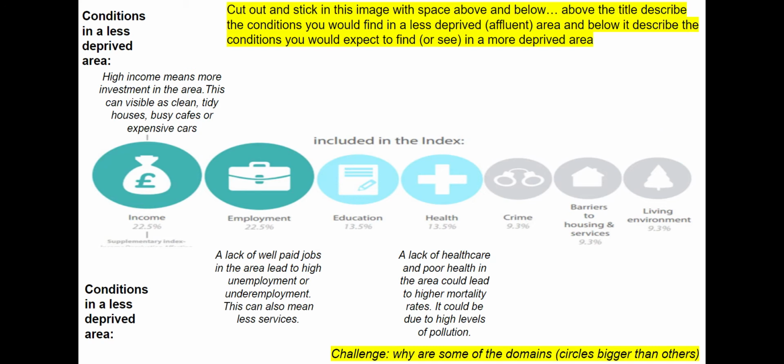Okay, now you've done that, you're going to need to cut out this image from your sheets, and then follow the instructions in yellow. Essentially, when we talk about deprivation, it's quite a complicated concept. There are essentially seven different domains of deprivation, and what that means is, when we're looking to measure it, there are seven different areas, and you can be deprived in one of these areas and not in the other six.